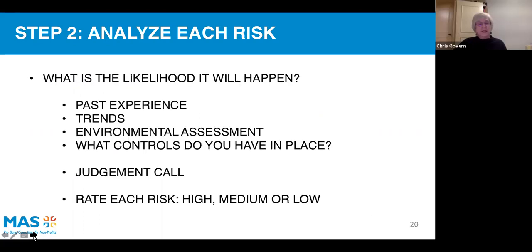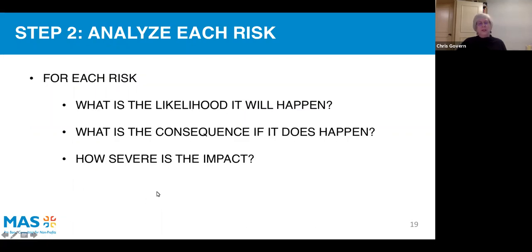So let's go on to step 2. Step 2 is, now that I've identified the risks and I have a good idea of what the risks are in the organization, I need to figure out what I think about those risks. I need to analyze those risks. And there are really 3 questions I need to answer.